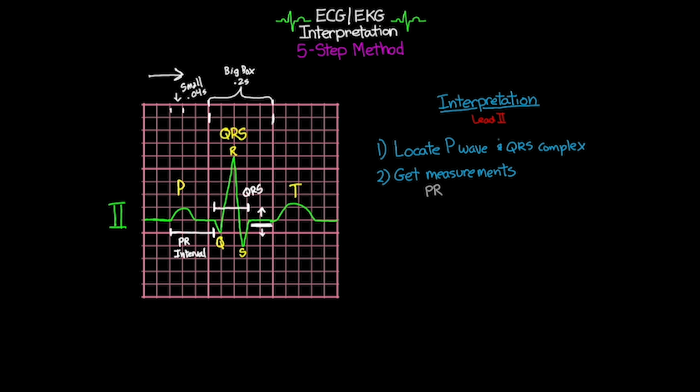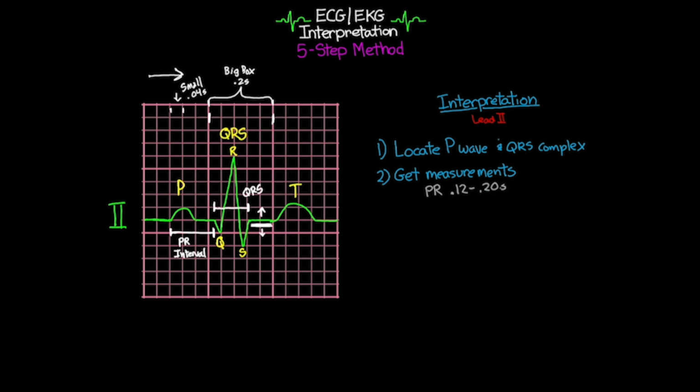And for our PR interval, remember, think about this as the time from when the atria are contracting until the time that the ventricles are contracting. And if you remember, that signal has made its way over to the AV node where it's been delayed, ideally for 120 milliseconds. And so with a PR interval, we expect to see an interval within the normal range of 0.12 to 0.20 seconds.